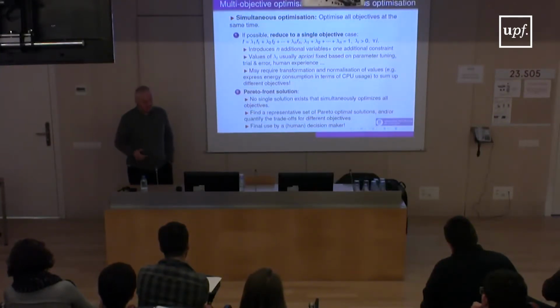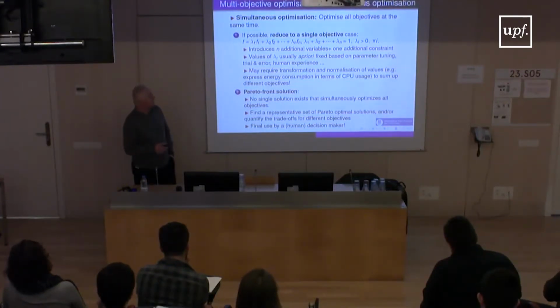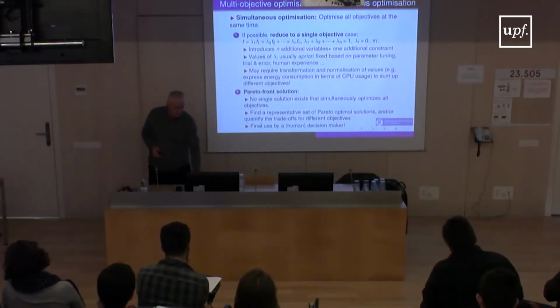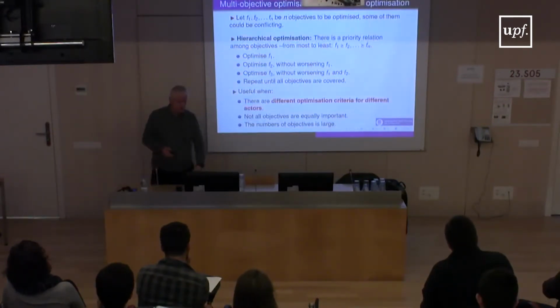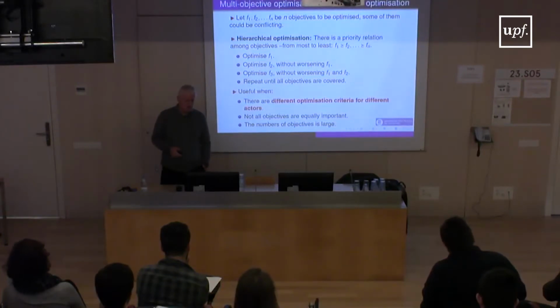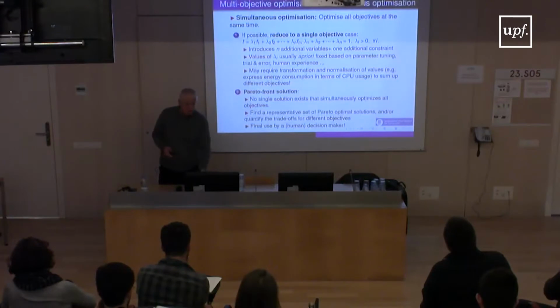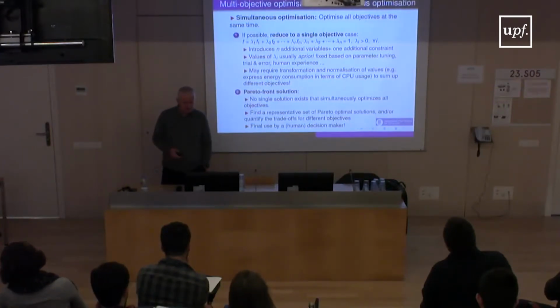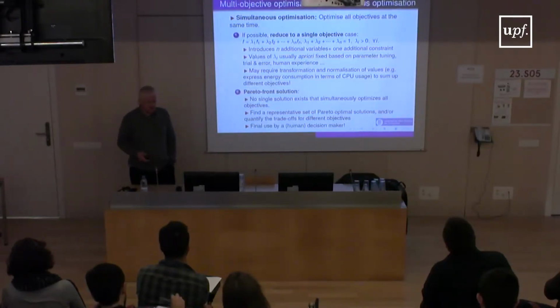And because we have a number of objectives to optimize, we may have either a hierarchic optimization mode, where we optimize according to a priority established a priori, or we can adopt a simultaneous optimization, either by reducing to a single objective or by using a Pareto front solution.